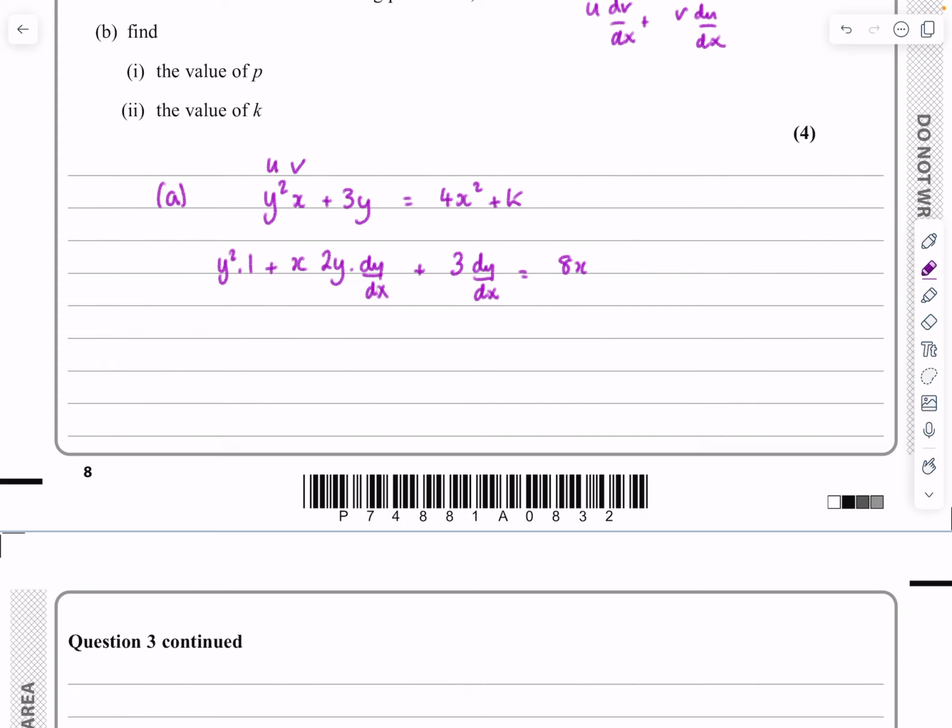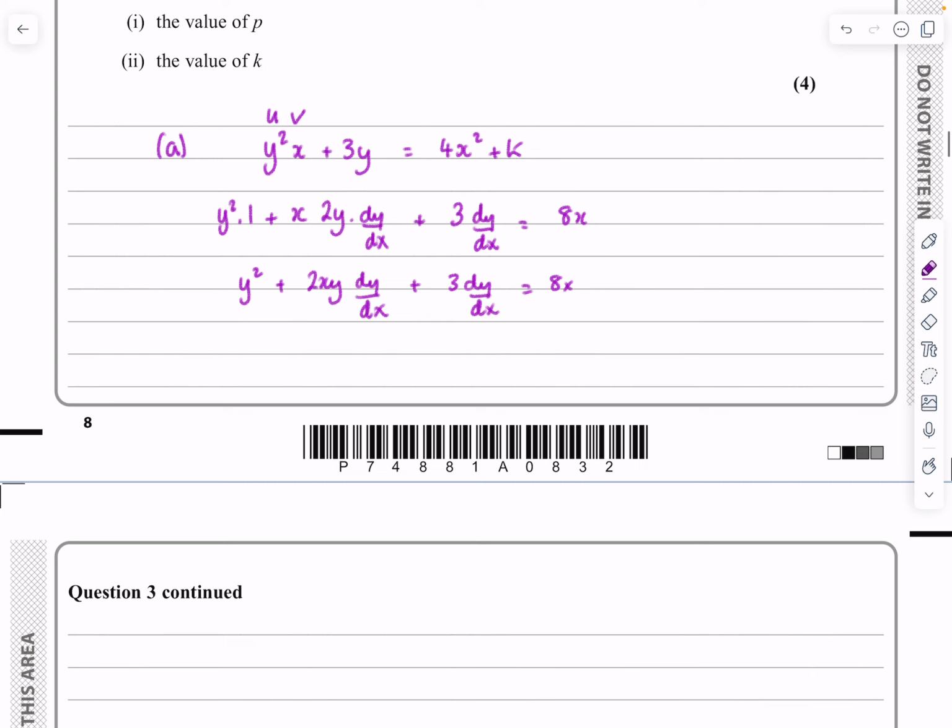Let's tidy this up before we get dy by dx. That's y squared plus 2xy dy by dx plus 3 dy by dx is equal to 8x. Let's get the dy by dx terms onto one side, so swap that y squared over. We get 2xy dy by dx plus 3 dy by dx equal to 8x minus y squared.